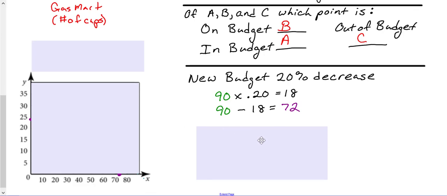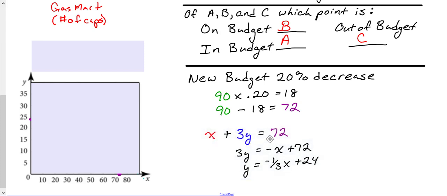Now we need to determine what our new line is going to be. So we are going to repeat, creating a new equation using the x plus 3y, except for this time we're going to replace the 90 with 72. We're going to again convert our equation into slope-intercept form, and then we're going to graph our line.